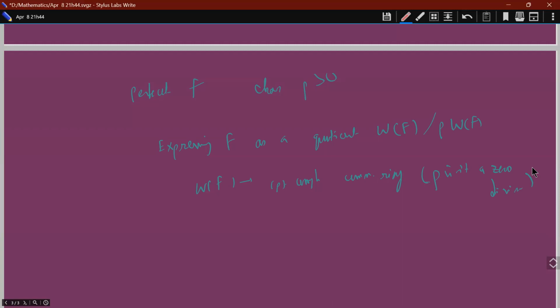This object is the ring of Witt vectors, which is uniquely determined up to isomorphism by the perfect field F that we fixed. Sorry, did I say perfect ring? Yeah, okay.